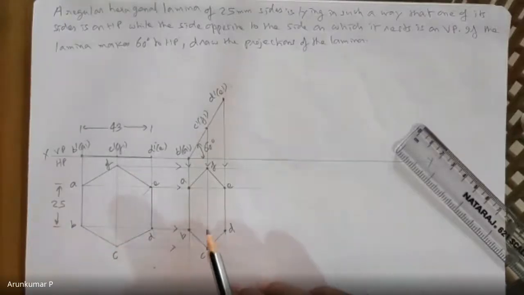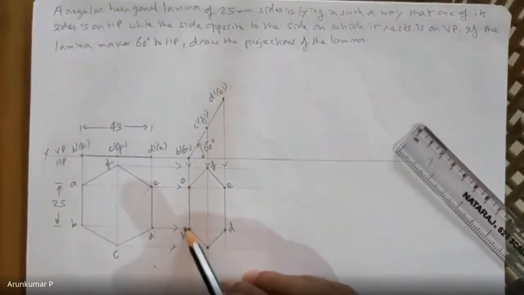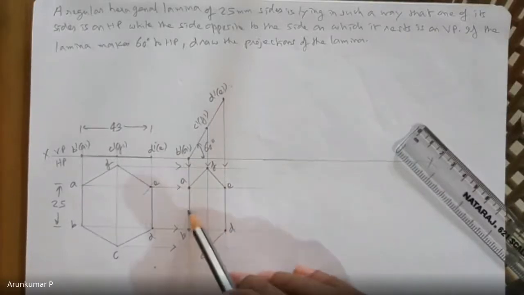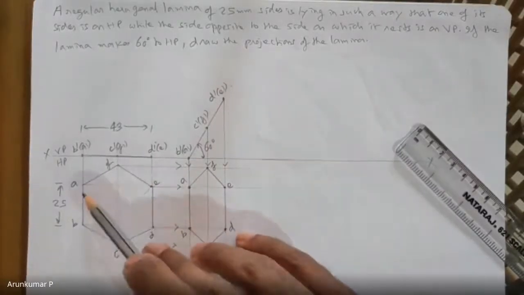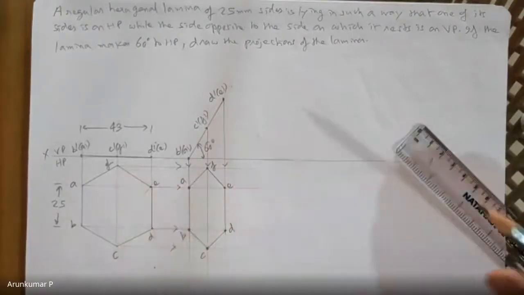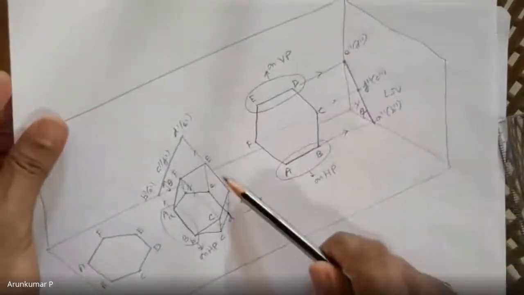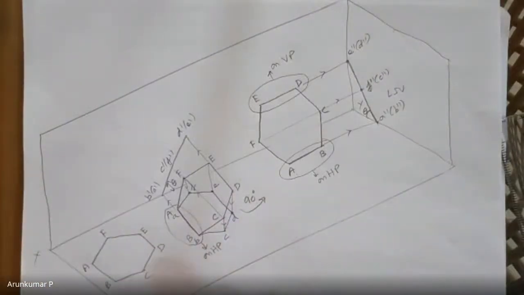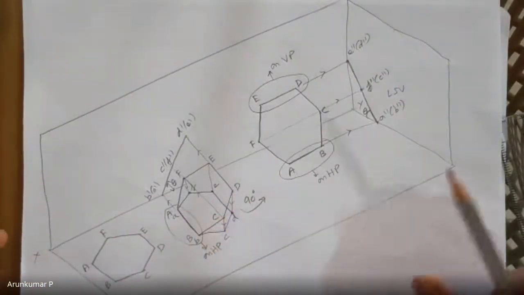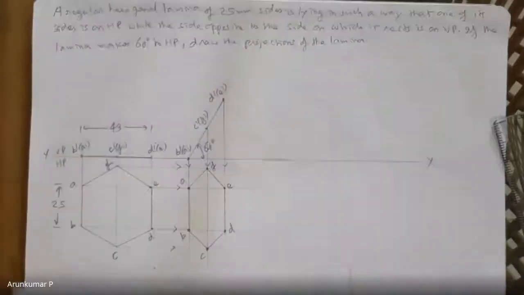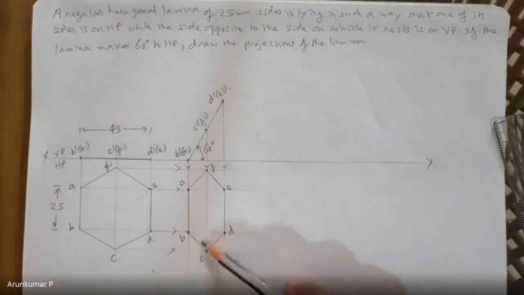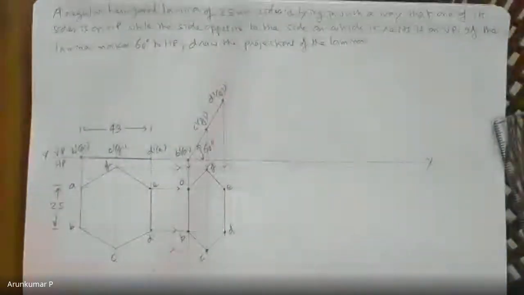And as we have seen, AB and DE, these are the only two edges which are still 25 because they are parallel to HP. The remaining four edges BC, CD, EF, and AF, you can see 1, 2, 3, 4. They are less than 25 because they are not parallel to HP, they are inclined to HP.